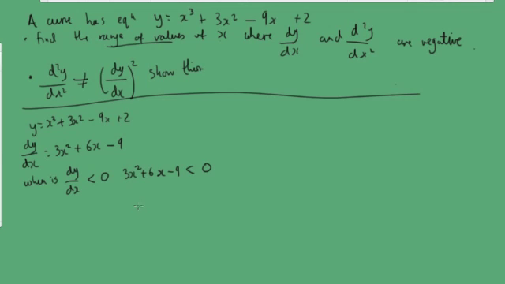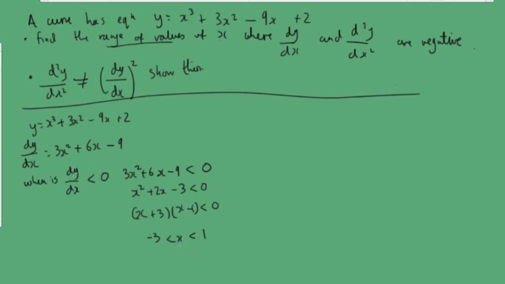So we will factorise this. Firstly, we can divide through by 3 to make things a lot easier. Less than 0, so we'll factorise this. So x plus 3 and x minus 1. So x must be between minus 3 and 1.